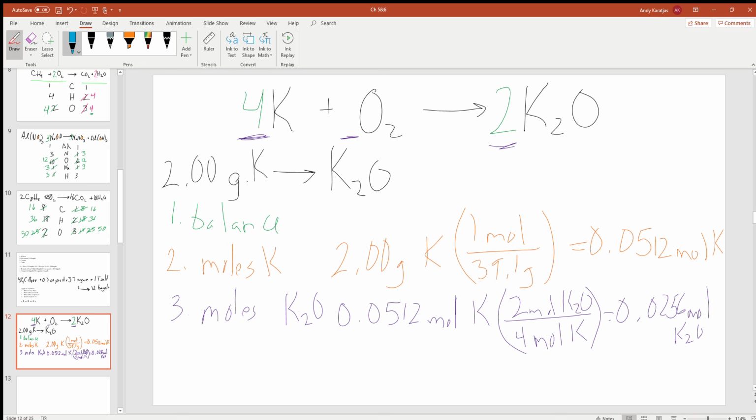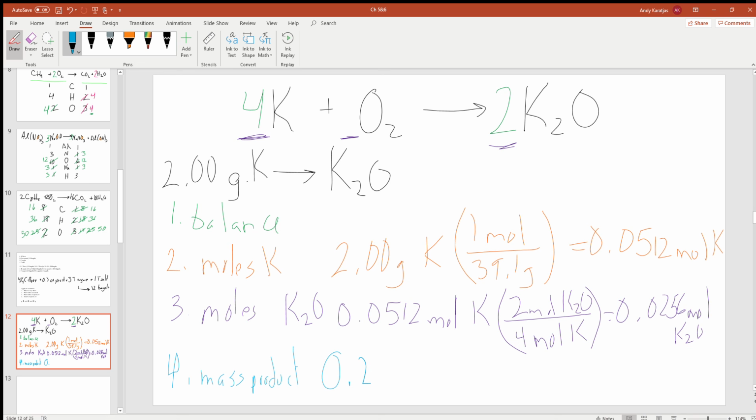So our last step finally is to find the mass of product. I'm sorry, not the moles of product, that's what we just did, but the mass of product. And this just becomes a grams to moles conversion.